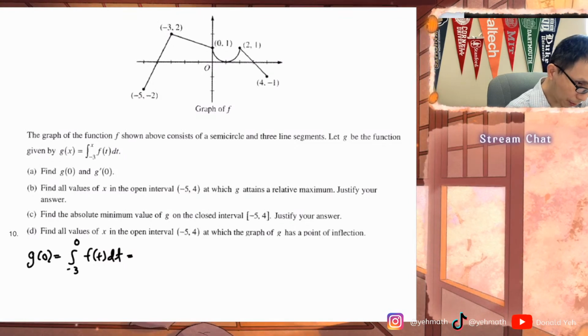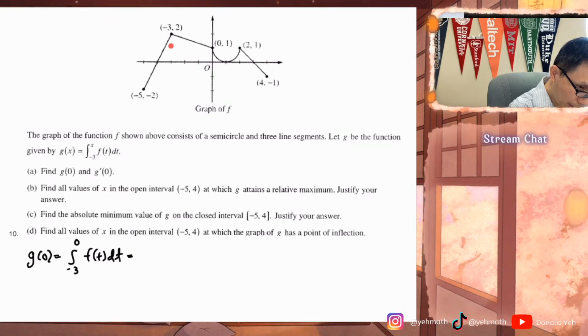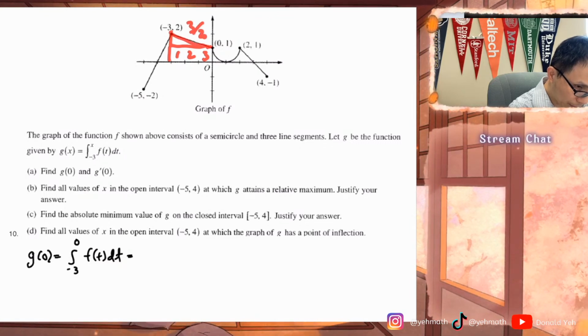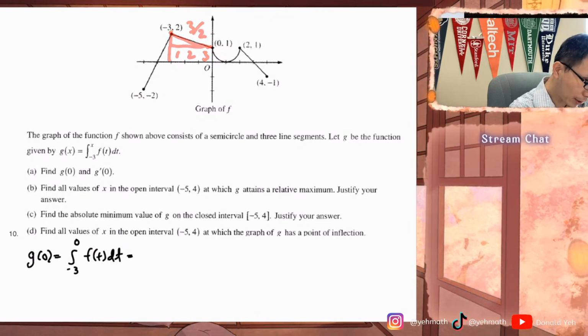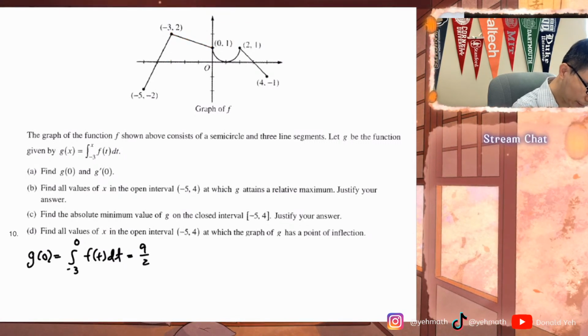Okay, yeah, 9/2 is right because the spaces here are 1, 2, 3, and this is going to be 3/2. So it's going to be 9/2. AP calculus. Yay.